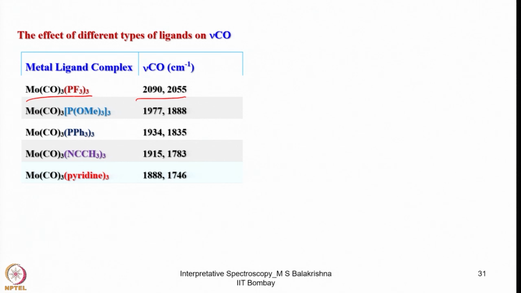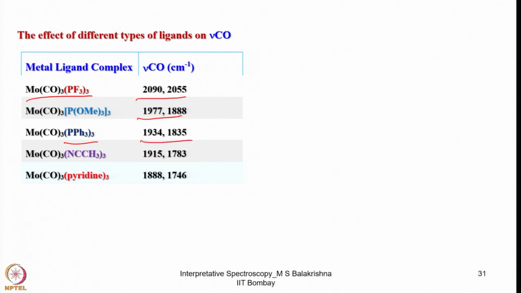But when you replace PF3 with trimethyl phosphite, it is a relatively weaker pi acceptor compared to trifluorophosphine. Here a considerable drop is there in the stretching frequencies. That means more back bonding is observed. On the other hand, when you go to triphenylphosphine, it is a good sigma donor but a moderate pi acceptor, and it is a weaker pi acceptor compared to trimethyl phosphite.